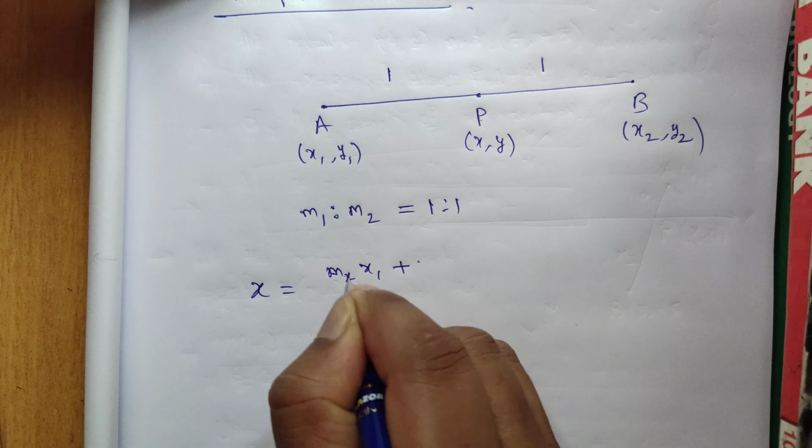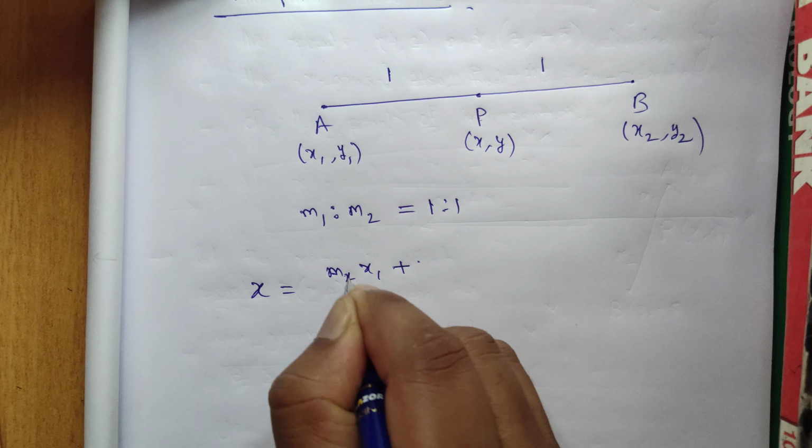Okay, now section formula for y, m1 y2 plus m2 y1 by m1 plus m2. So m1 is 1, 1 into y2 is y2, 1 into y1 is y1 by 1 plus 1 is 2. So that means coordinate of a midpoint is given by x1 plus x2 by 2, y1 plus y2 by 2.